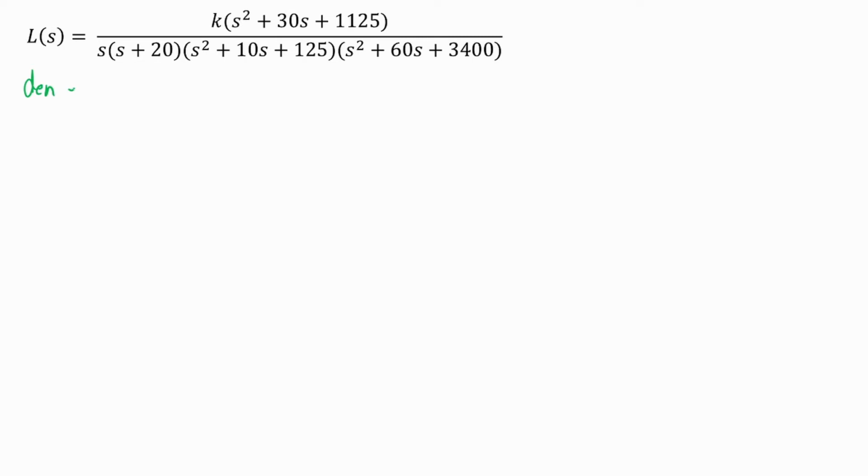So the denominator was equal to s to the 4. So we have this simplified denominator after we crossed out the insignificant poles as well as the zeros.